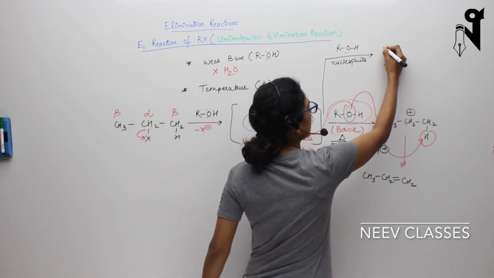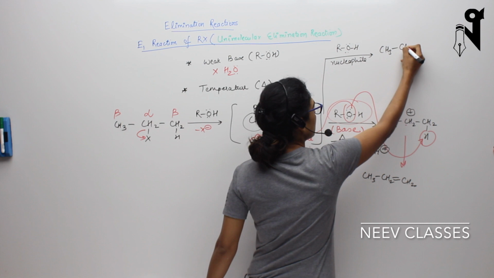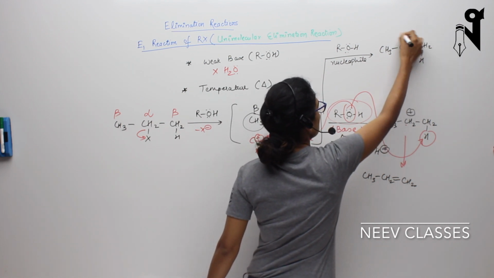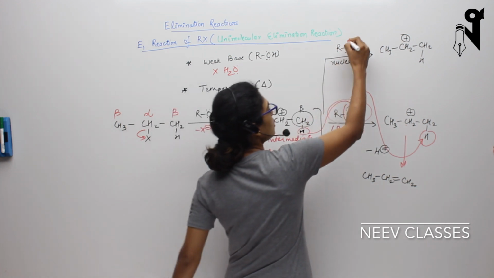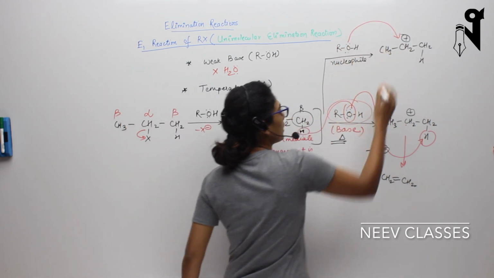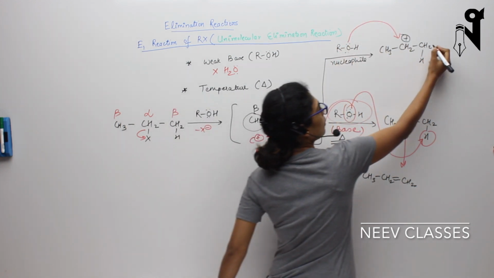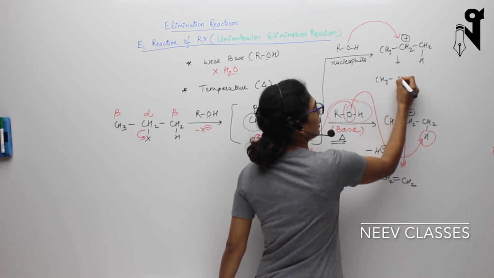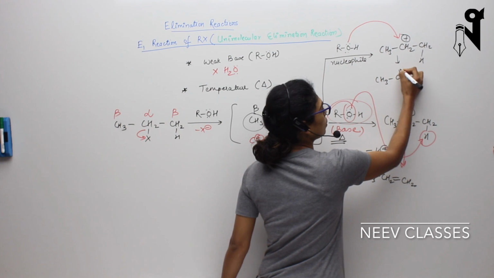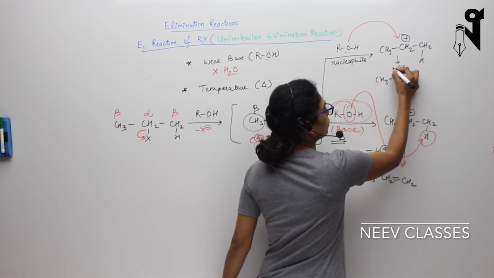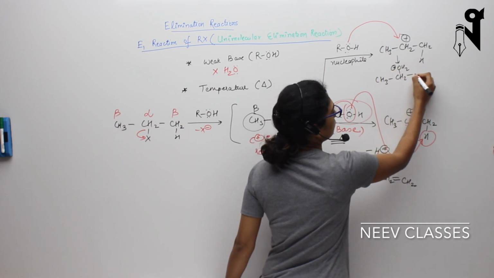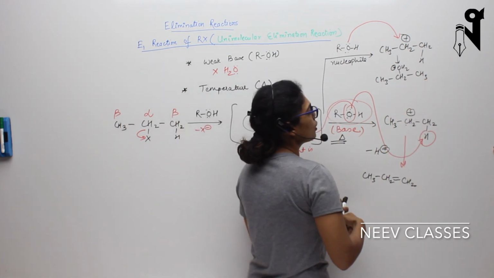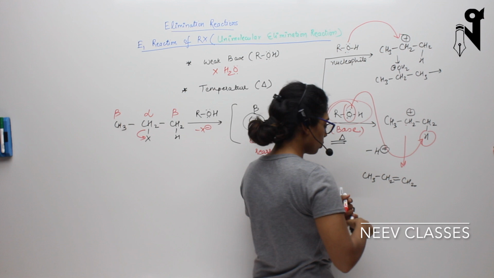So how will the reaction take place? Let's see. CH3, CH2, CH2 and plus. So my oxygen will attack here, forming CH3, CH2, OH2 plus, CH3, which is a protonated alcohol.